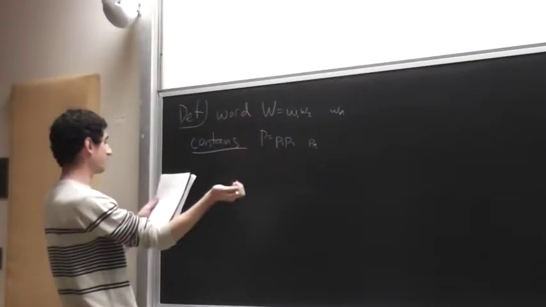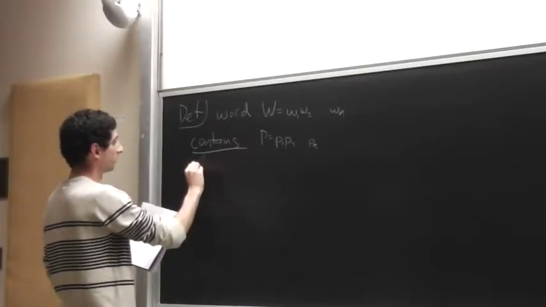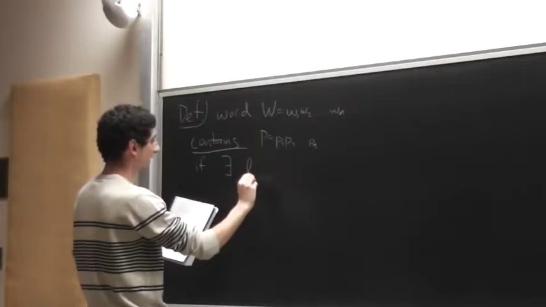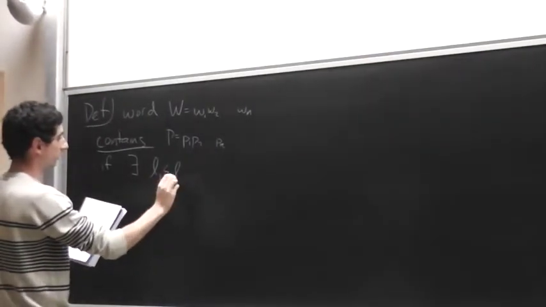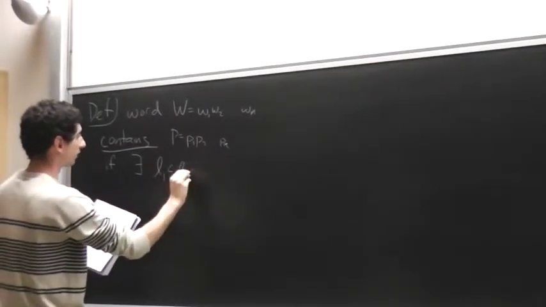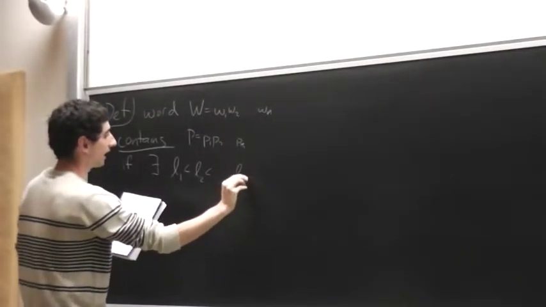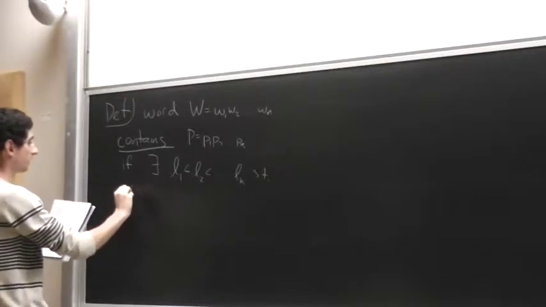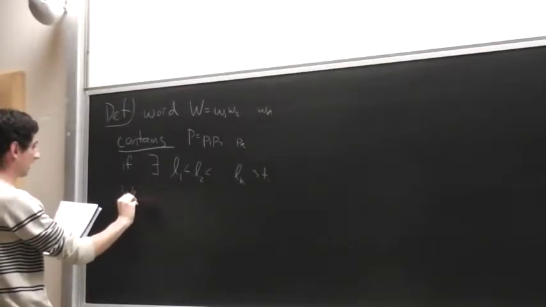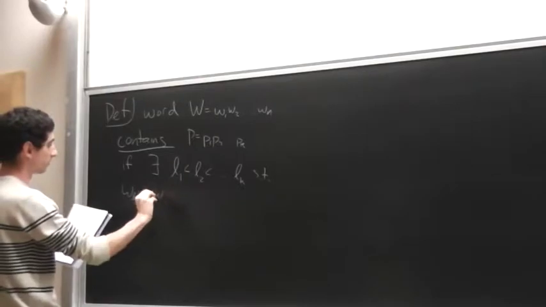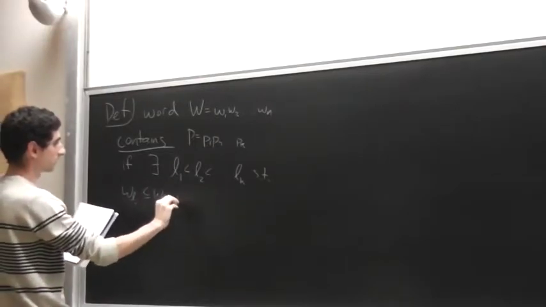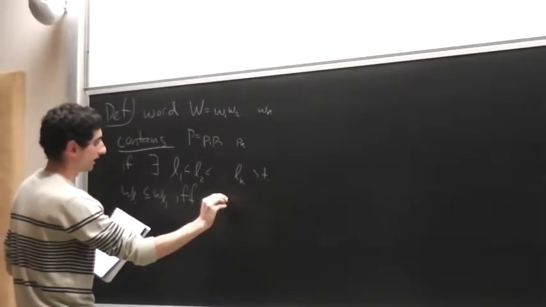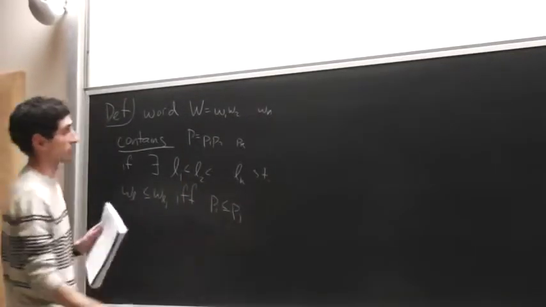And so W contains P if there exists some sequence L1 strictly less than L2 less than Lk, such that W Li is less than or equal to W Lj if and only if Pi is less than or equal to Pj.